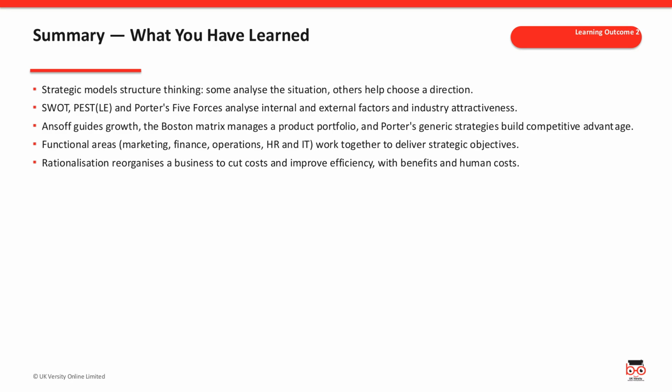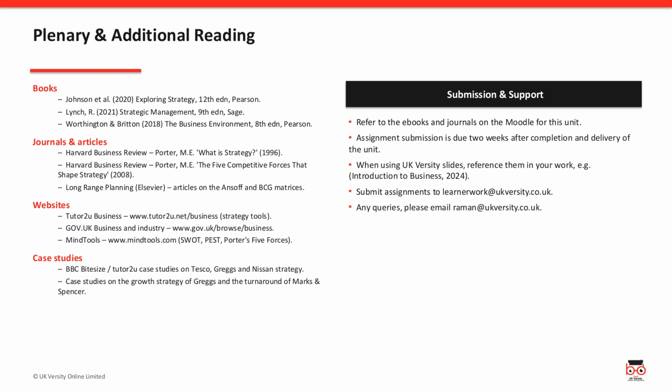The Boston Matrix manages a product portfolio, and Porter's generic strategies build competitive advantage. And we saw that strategy only comes alive when the functional areas work together, and that rationalization can trim a business for efficiency at a human cost. So that's the strategist's toolkit, from the analytical models through to the methods for choosing a direction.